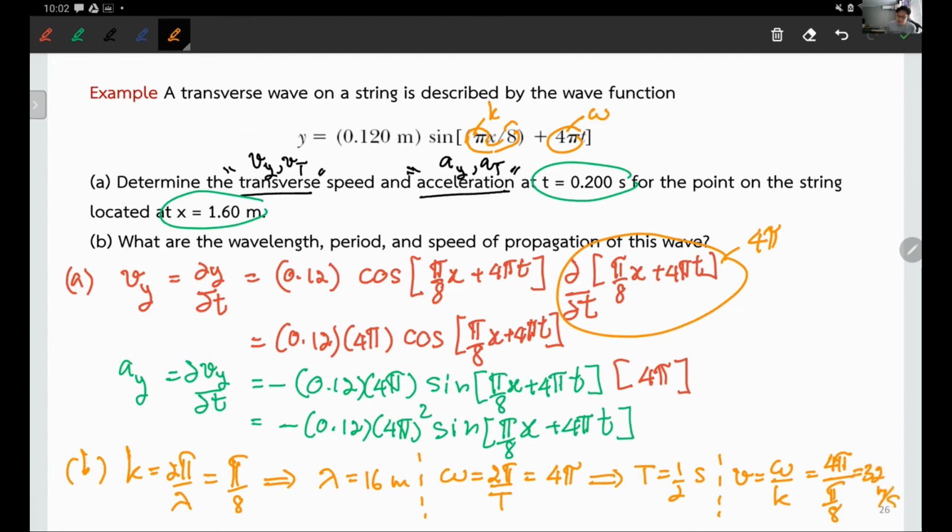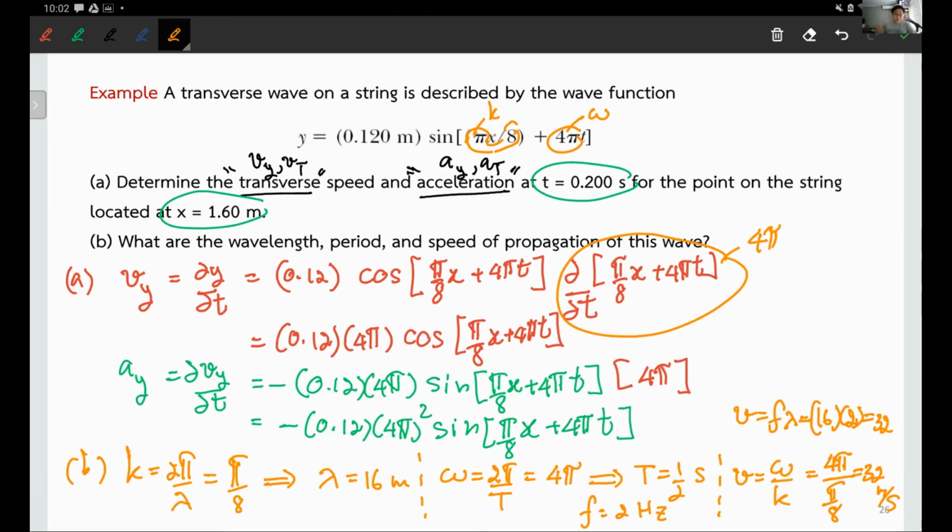I can add on top that the frequency of this one is 2 hertz. Just write out everything. Very good. So you can do v equals f lambda, which is 16 multiplied by 2. You get 32 anyway. You can do omega over k directly, or f lambda if you want.